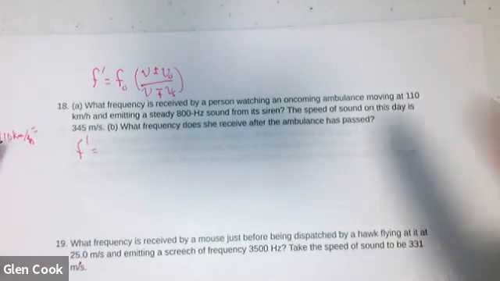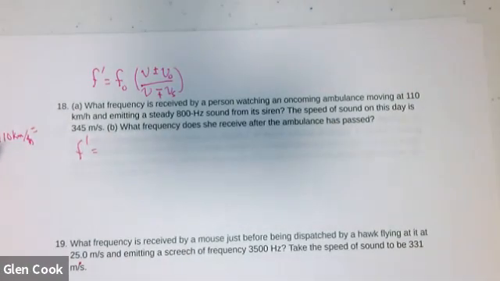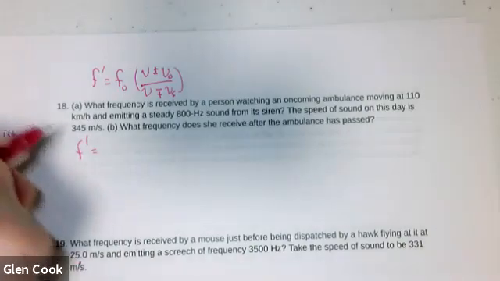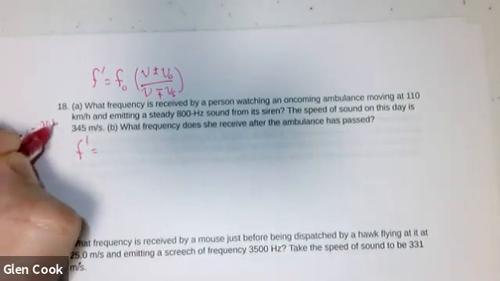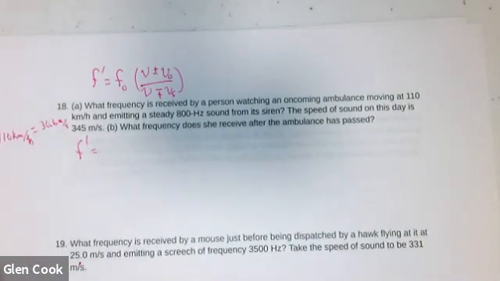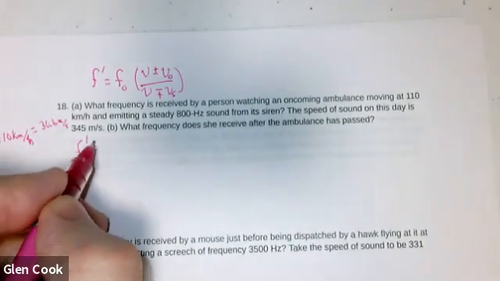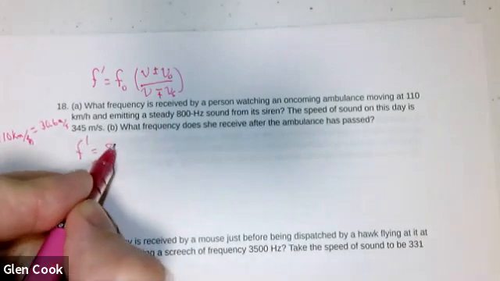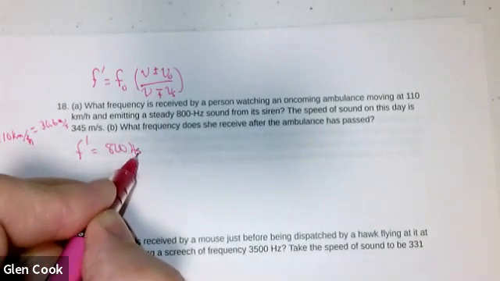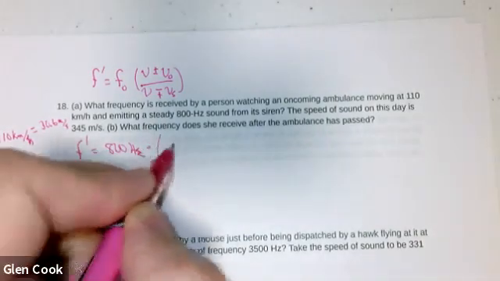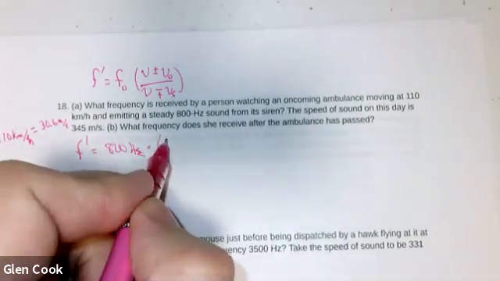So if I do that math, this is number 18, yes, I end up with 30.6 meters per second. Okay, so F prime is equal to F_O. F_O is 800 hertz times the speed of sound in air given on this day, 345.